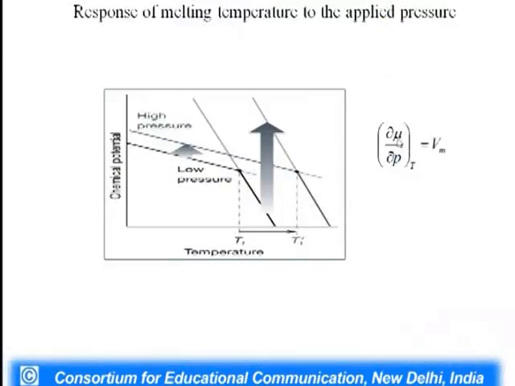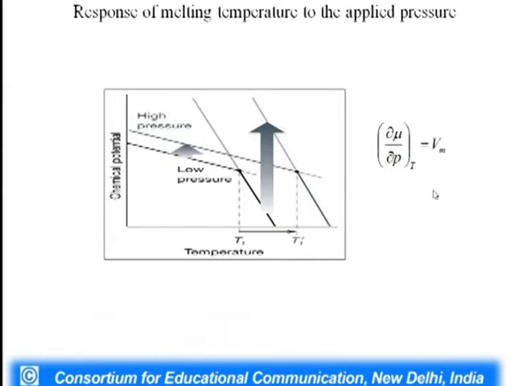So we have the simple equation del mu by del P at constant T is equal to Vm. Again, volume is going to be positive, so what we expect is that chemical potential will increase with an increase in pressure.